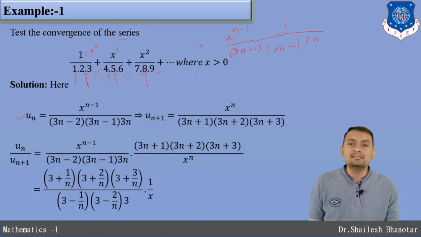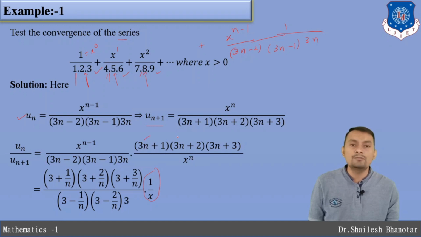So using this we can determine u n plus 1, and now we are going to apply the ratio test. Also you can call it the D'Alembert ratio test. So u n divided by u n plus 1 can be written in this way. The numerator contains x raised to n into x raised to minus 1, but x raised to n will cancel out, and you will be left with x raised to minus 1, that can be written as 1 by x.